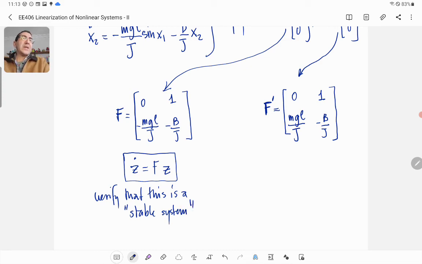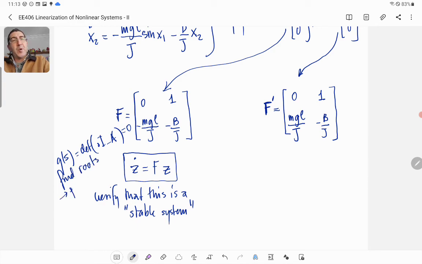You can give just some numbers and see how you determine whether this is a stable system or not. Well, this is a linear system now. For a state space linear system, you construct the characteristic equation, which is the determinant of sI minus A, and you equate this to 0 and find the roots.